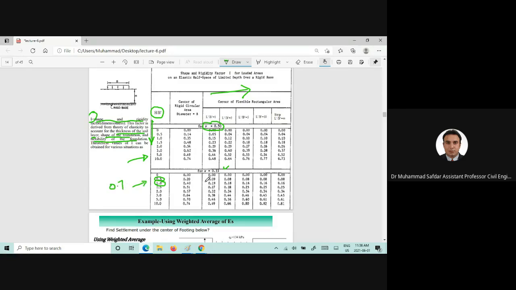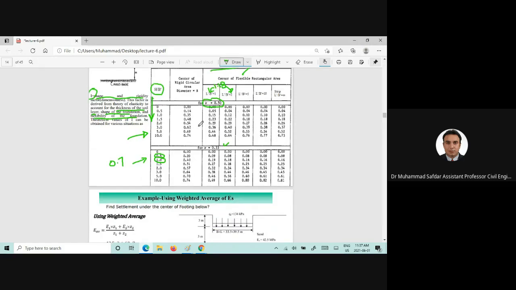Now we need to find out the shape and rigidity factor somewhere in between, or we can even get L prime divided by B prime which would be in between here, which is 1.18, and we are going to solve a problem with it today as well. So how are we going to get the I value, or the shape and rigidity factor value?